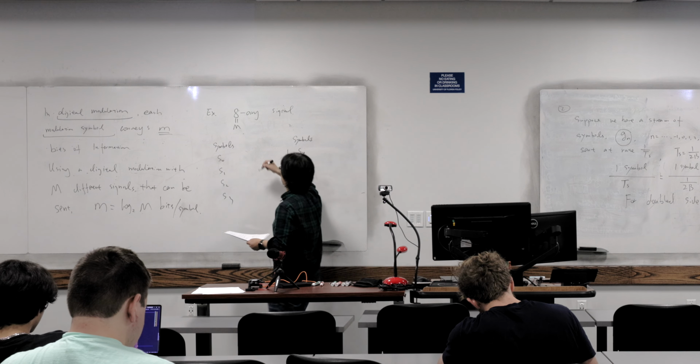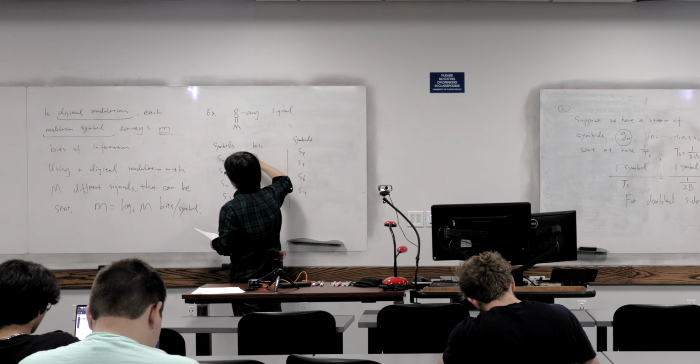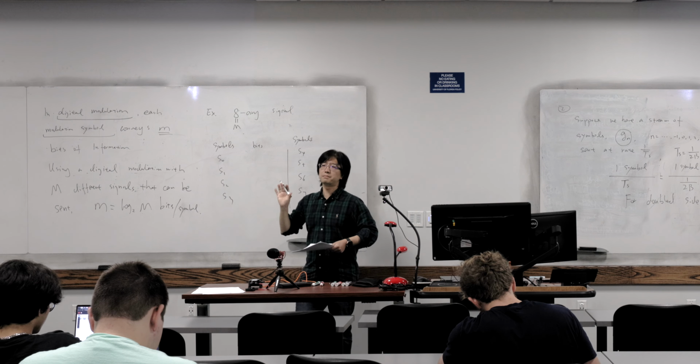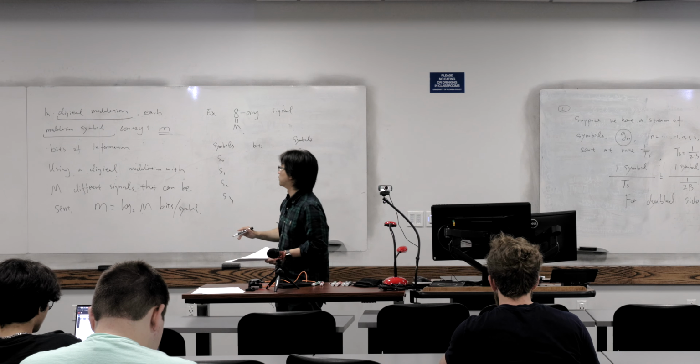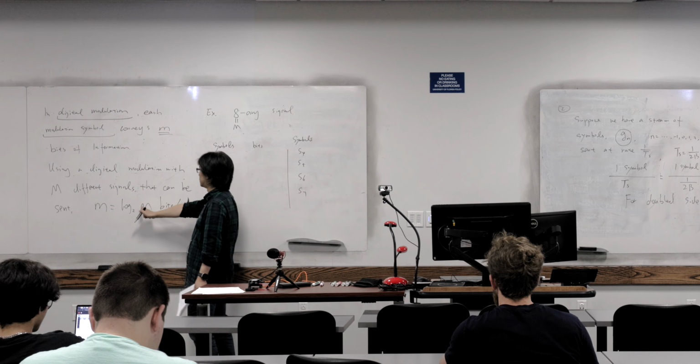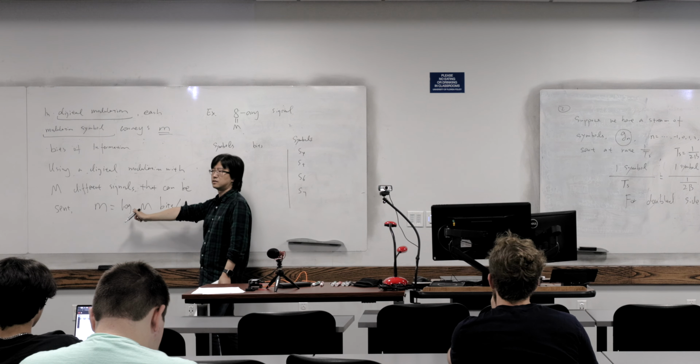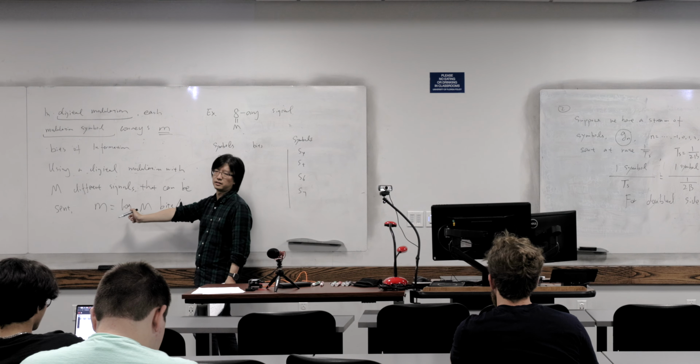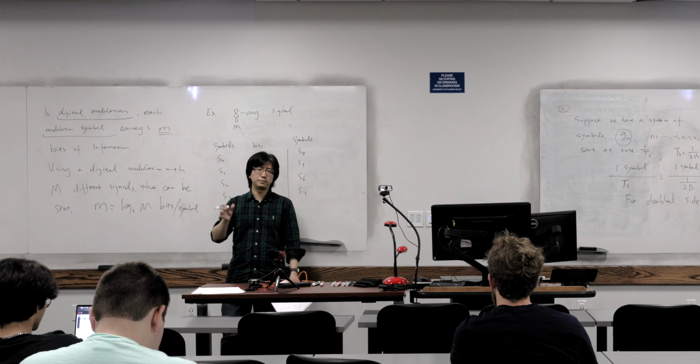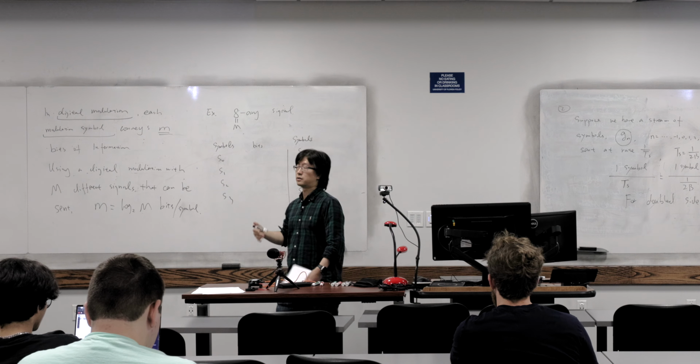In order to see how many bits we can transmit, we use this formula: log 2 of 8 equals 3. So we use 3 bits to represent all of them. How to do that?